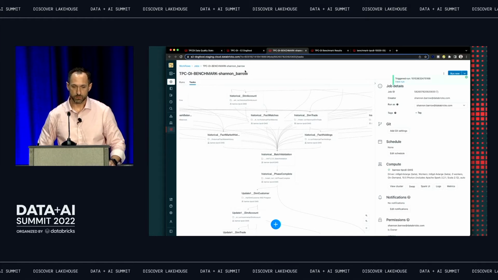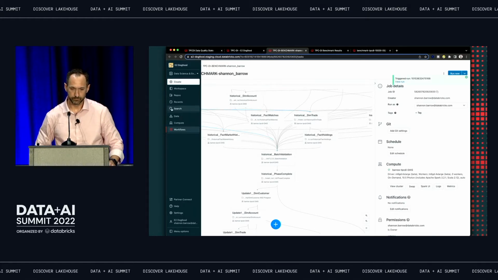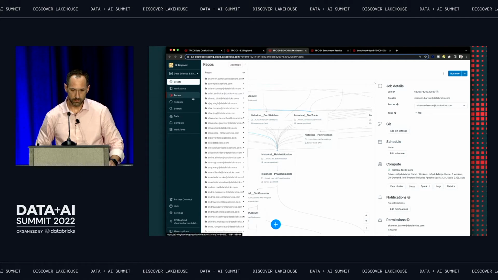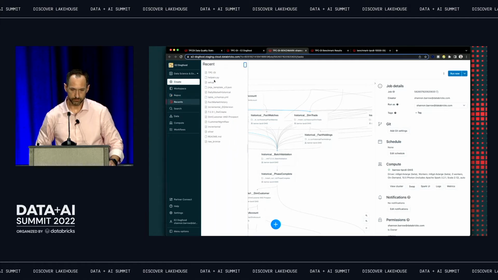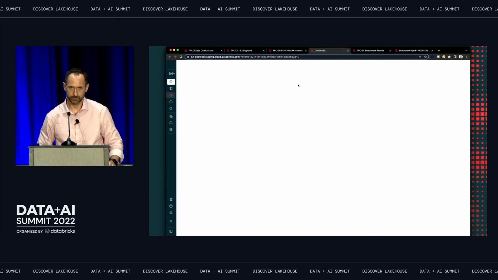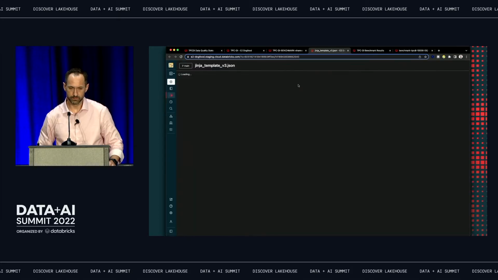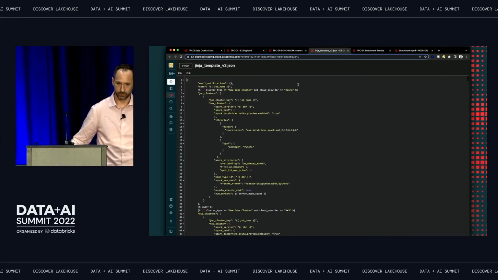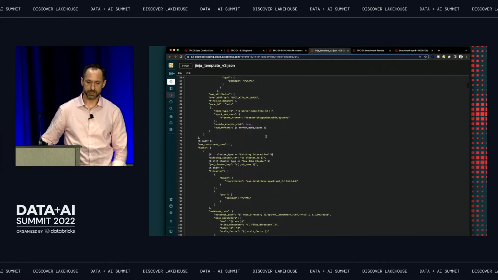All right, while that's running, I am going to show you our Jinja template, just so you have context of what we built. So this is how we were able to script the orchestration, okay? As you can see, just a simple JSON.